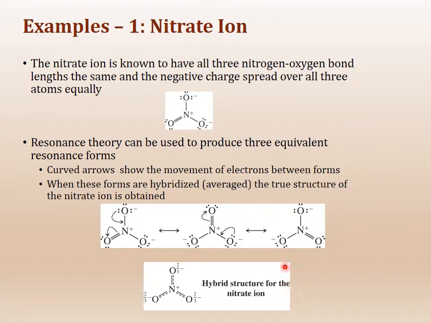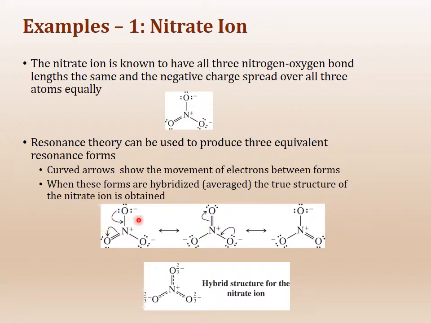This final structure over here shows the hybrid of the nitrate ion. This is a 2/3 negative charge, this is a 2/3 negative charge, 2/3 negative charge. And look at this dotted line. All of this means, first of all, that the oxygen does not have a complete negative charge. And the second thing is that the bond between oxygen and nitrogen is not really a double bond.